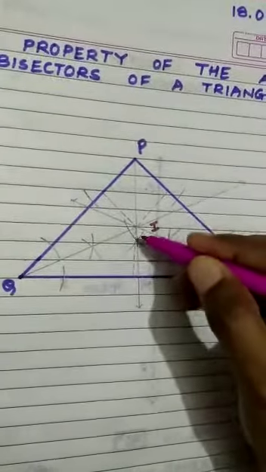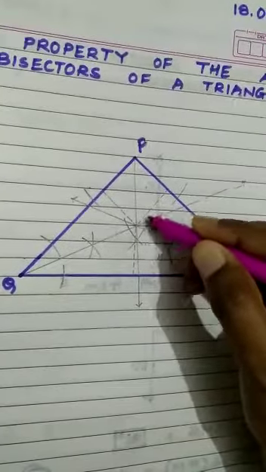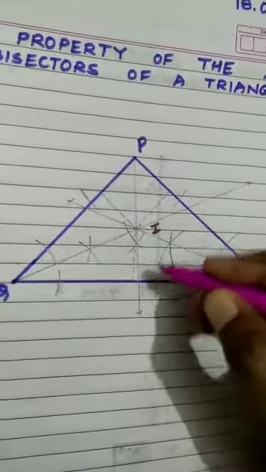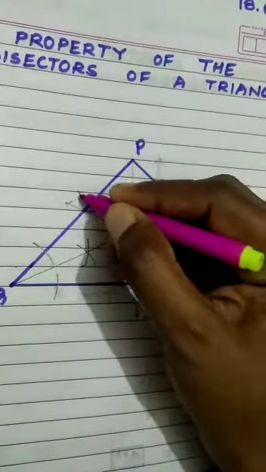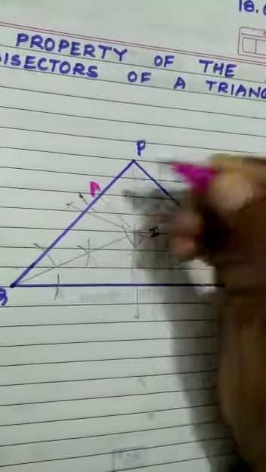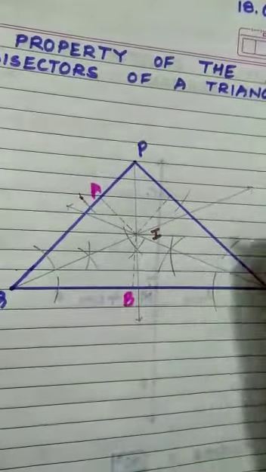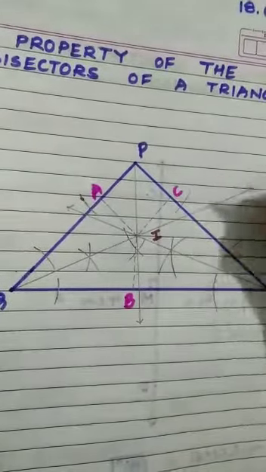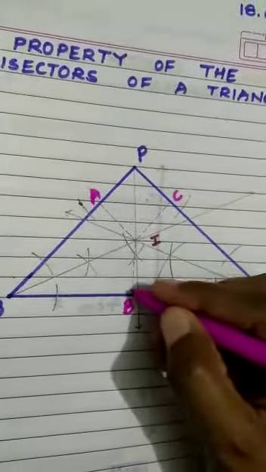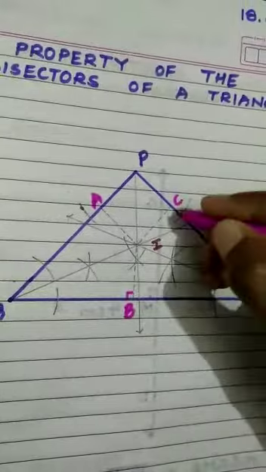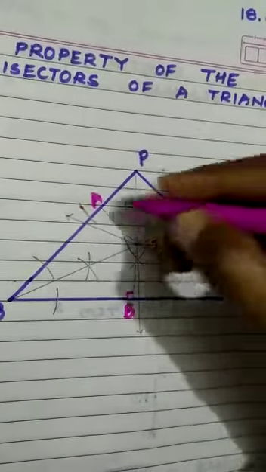Now draw perpendiculars IA, IB and IC. Perpendiculars, children, we have learnt that perpendicular means 90-degree angle.